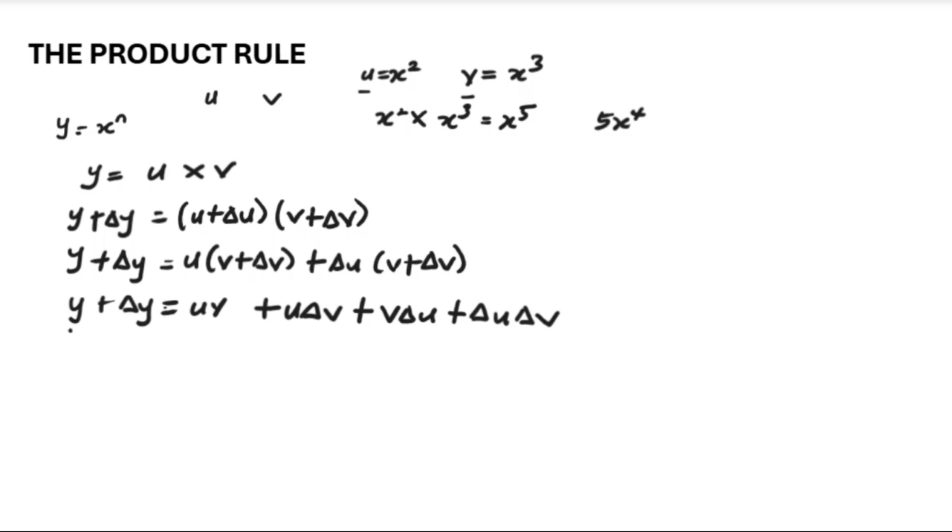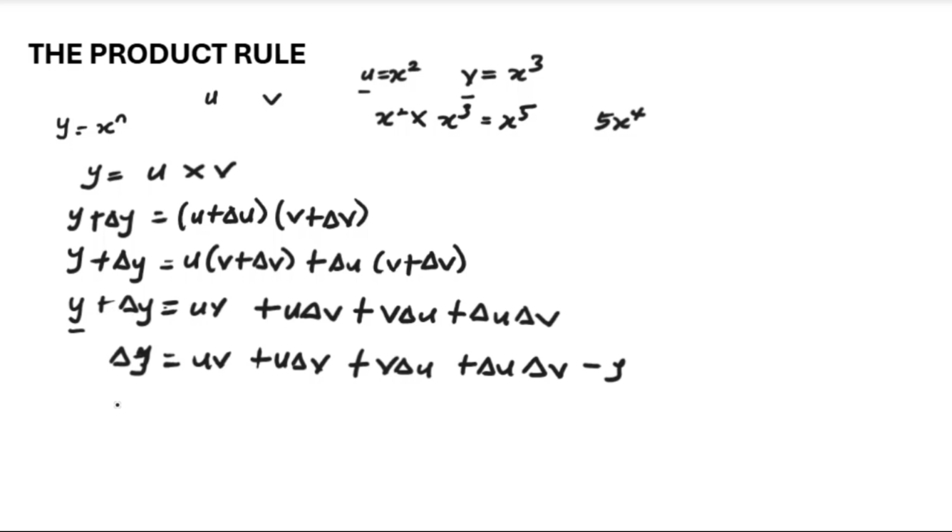Now, if we decide to take this y to the other side, delta y is going to give us uv plus u delta v plus v delta u plus delta u delta v minus y. So that's when you take the y from the left hand side to the right hand side.